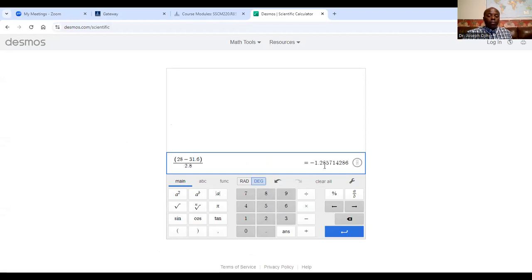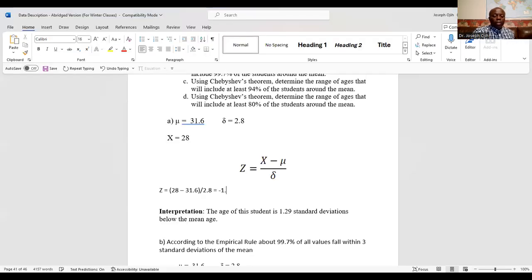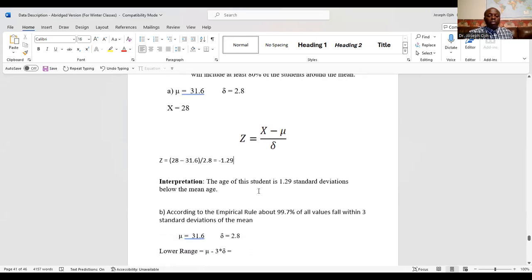That gives me negative 1.29. What this means is that because it's negative, the age is below average. So the age is 1.29 standard deviations below the mean age. That's what it means.